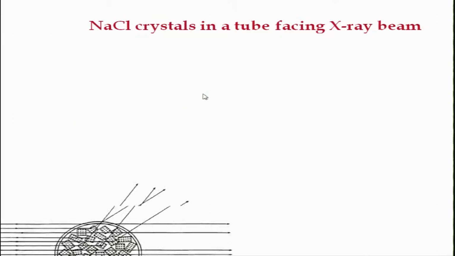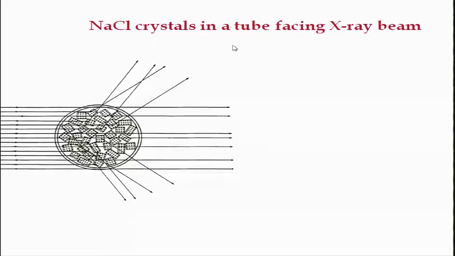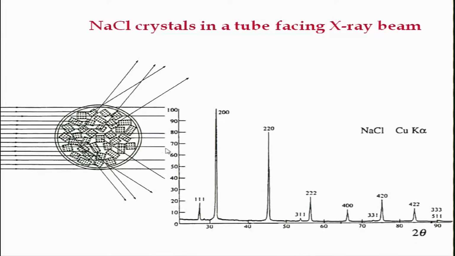This is, for example, for sodium chloride crystals. This is sodium chloride salt powder in a tube exposed to X-rays, which emit diffracted X-rays in various directions, and you get a pattern like this. On the y axis you have intensity, because X-ray is a photon, so it is the number of photons collected by the detector.